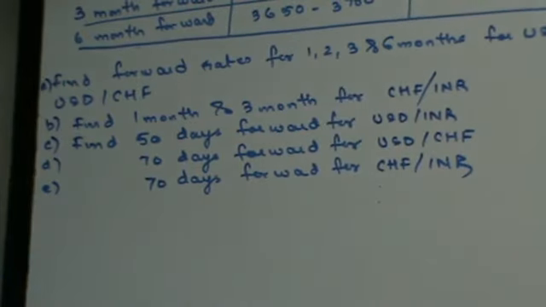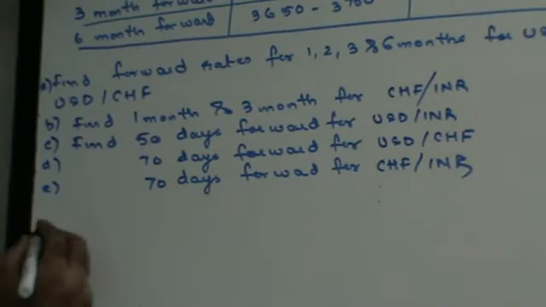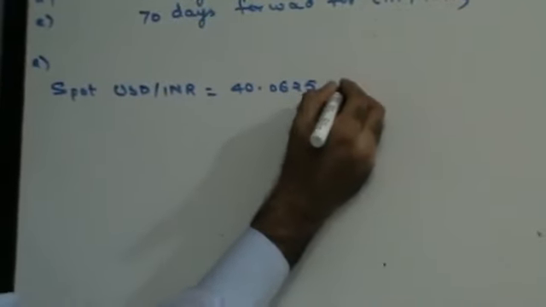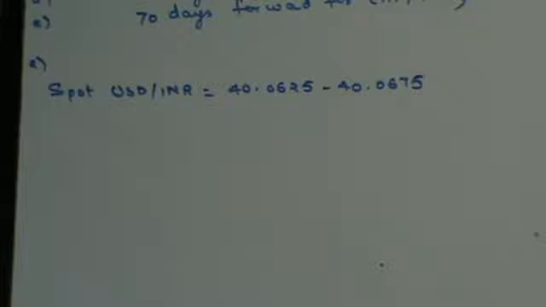They've asked you to first find out forward rates for 1, 3 and 6 months for USD INR. Now let's see this A part of the question. Spot USD INR is 40.0625, 40.0675. Now, 1 month forward is 650, 700. Since it is in ascending order, that means it is a positive forward, it is premium, it is not discount.